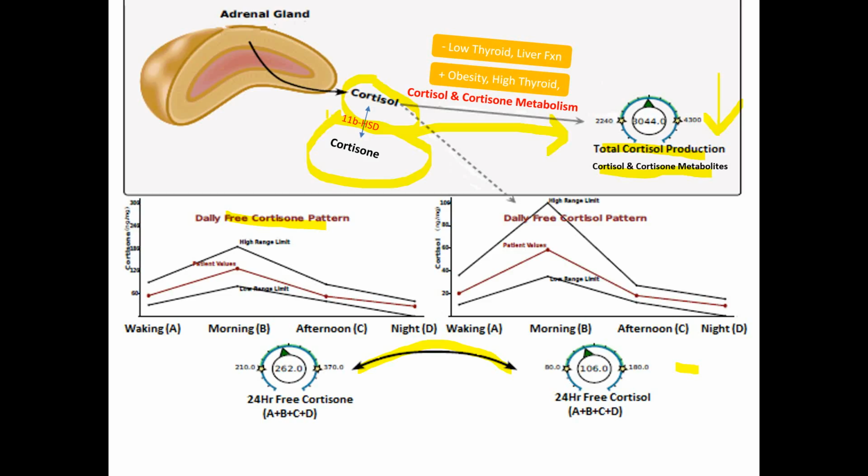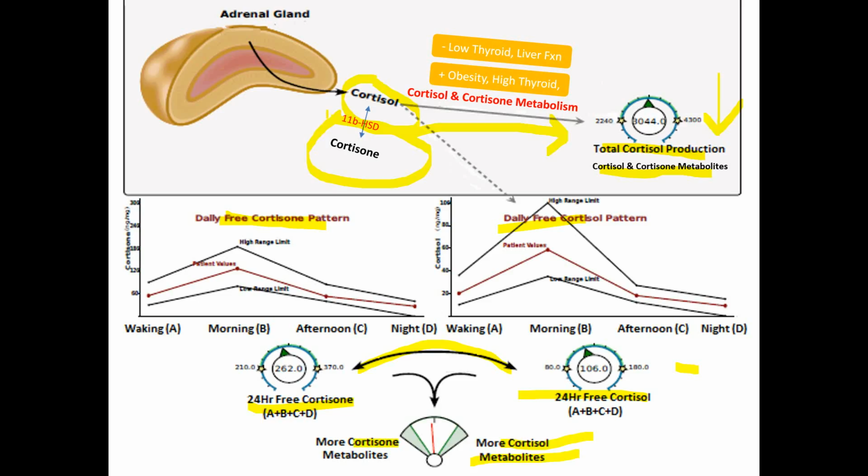The other thing that we can think about and assess is whether there's a preference for cortisol staying in its active form or whether it's readily deactivated to cortisone. Now, it's tempting to look at this free cortisol and free cortisone pattern to try to assess that. But remember, the free hormone only represents a couple % of the total. It's the metabolites that really tell this story better, where we look and see, okay, does this patient have more cortisol metabolites or more cortisone metabolites?